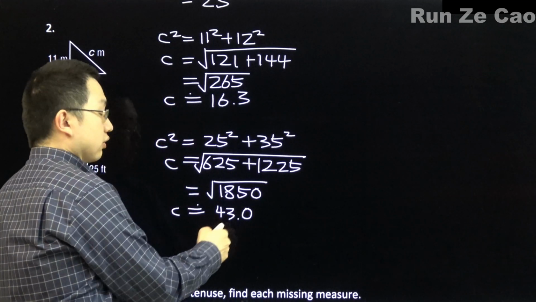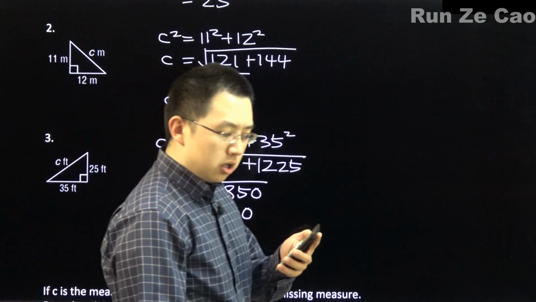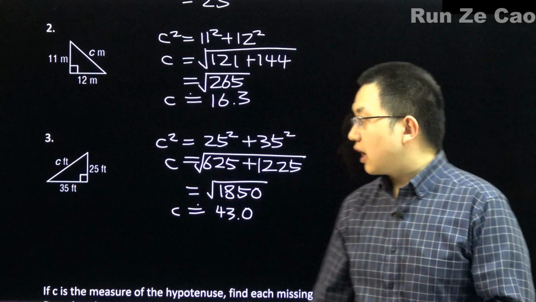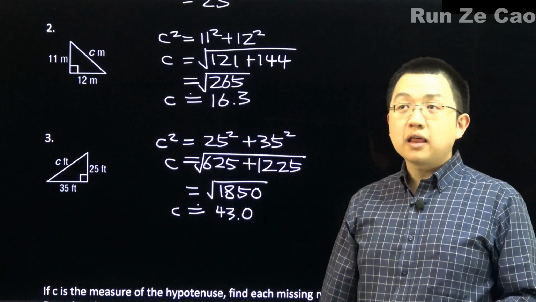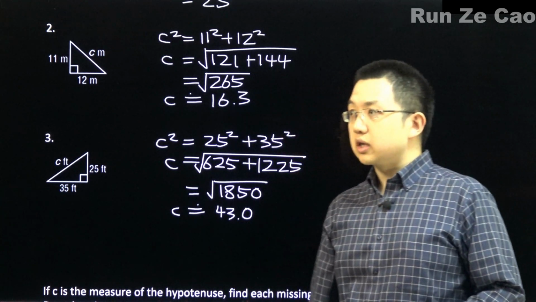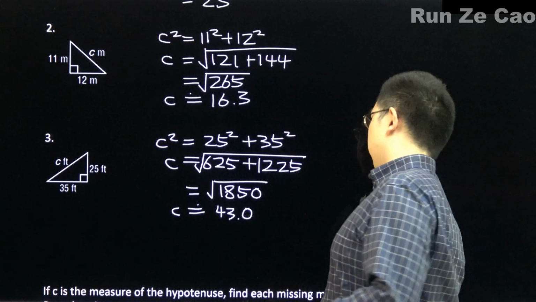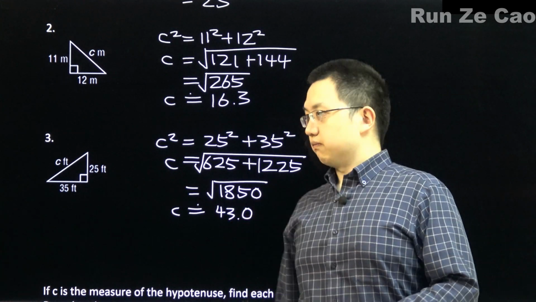We keep the 0 here because it said round to the nearest tenth. And keeping that 0 there assures that, yeah, it's to the nearest tenth, guys. It's not just 43. And then we don't know whether it's 0.1 or 0.4 or 42.5.